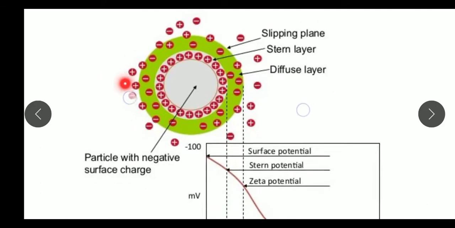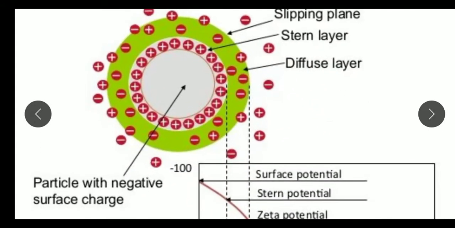On this negatively charged sol particle, a layer of positive ions gets adsorbed firmly. This is the first layer, called the Stern layer. It is fixed firmly, and around it we have a diffuse layer of counter ions, which are negative ions.